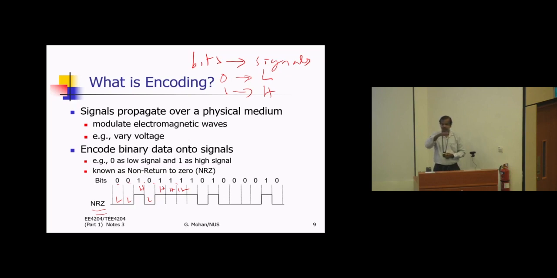All are flat, high signal is continuously received. So the receiver may find it difficult to identify this is the beginning of bit 1, this is the beginning of bit 2, bit 3. So it may miss out some bits, or it may accumulate more bits.